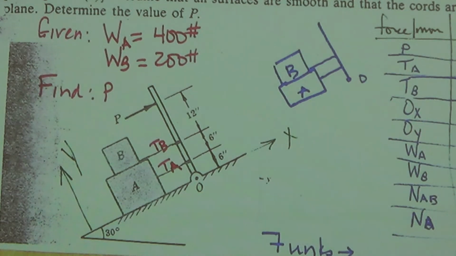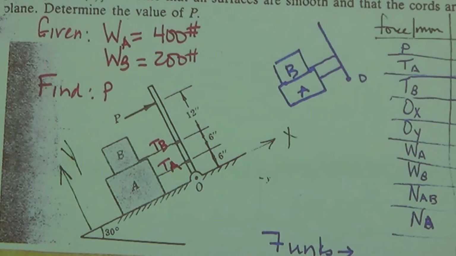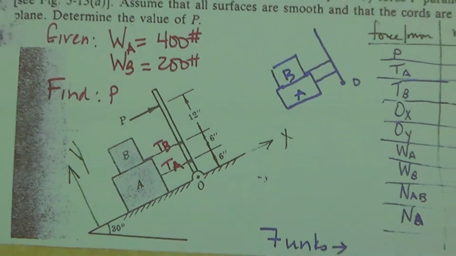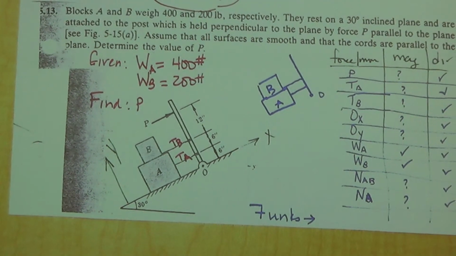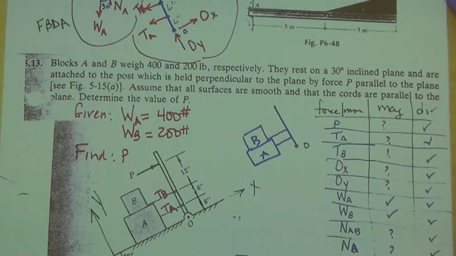That's the only one that had P in it, and they're asking you to find P. Then you determine which equation you would want to do from the free body diagram of the bar. Probably sum of the moments about O, so we don't have to find out what O are. But then we need to find out what TA and TB are. So then we went to the blocks to find out what TA and TB are.